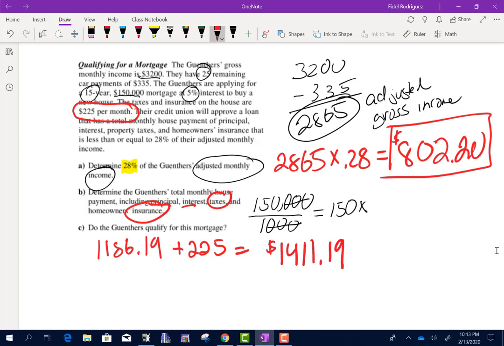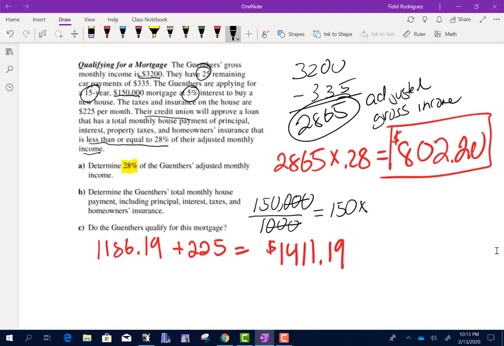Okay, now let me clean up some of this mess here. It says the credit union will approve a loan that has a total monthly house payment of principal, interest, property taxes, and homeowners insurance that is less than or equal to 28% of their adjusted monthly income.